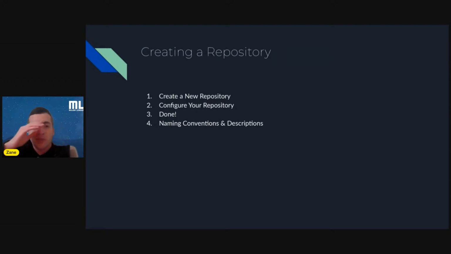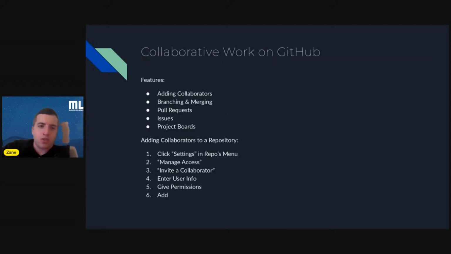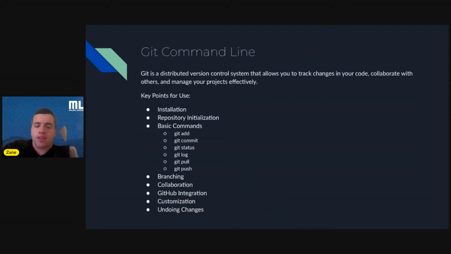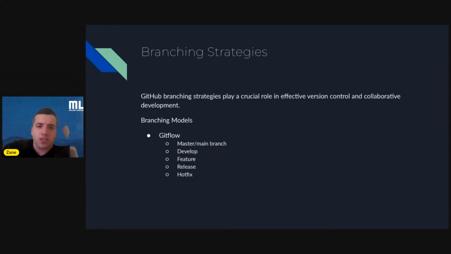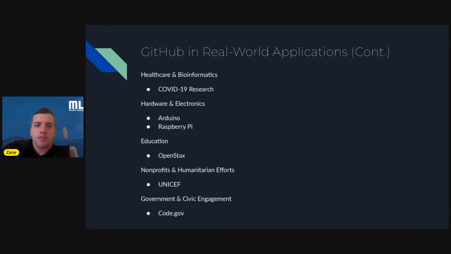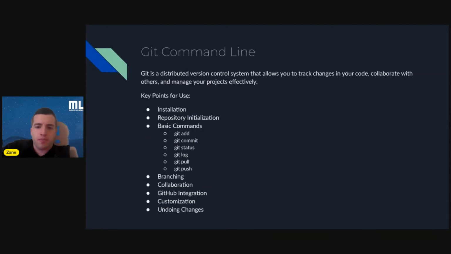So creating a repository, certainly important. Are you guys more interested in learning how to go through these basic steps of getting set up on a repository and adding files to your own repository? Or are you interested more in learning about Git, best practices, and so forth? We have these different resources here.